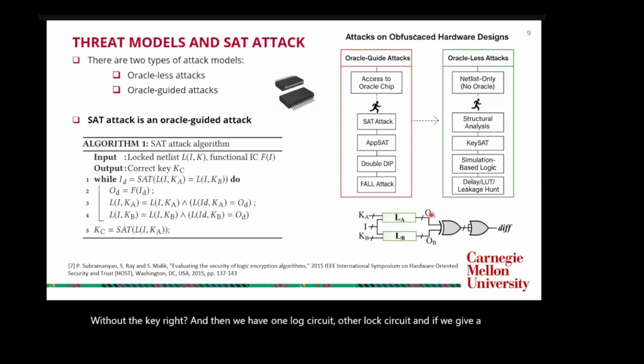Then we compare and try to see the mismatch. When this diff signal is one, it means that these two keys are not equal, and we get a differential input pattern. We need differential input patterns for the SAT attack.